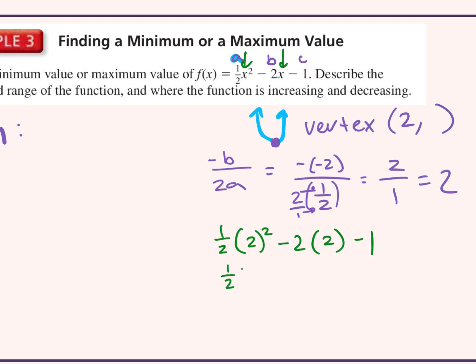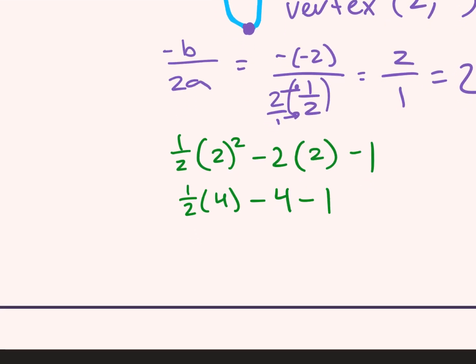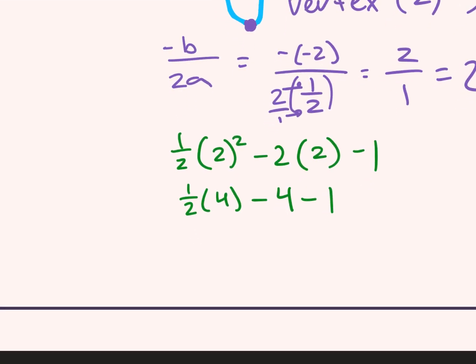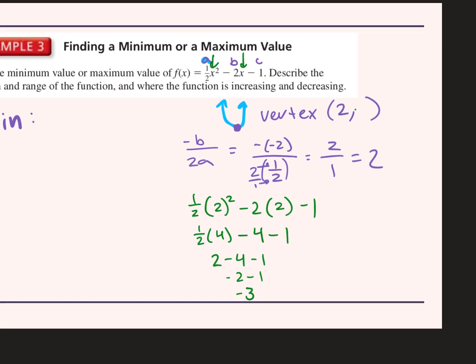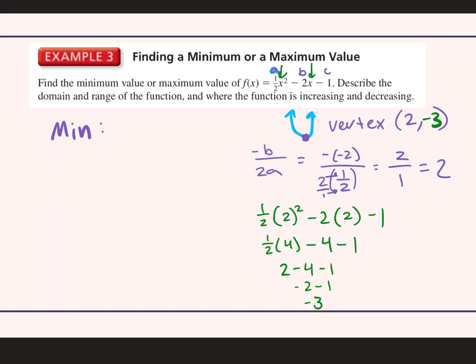So we have 1/2 times 4 minus 2 times 2, which is 4, minus 1. What is 1/2 times 4? 2, perfect. It would be 4 over 2, which simplifies to 2. What's 2 minus 4? Negative 2. Minus 1? Negative 3. So our k is negative 3. So our minimum value is whatever the k is, negative 3.